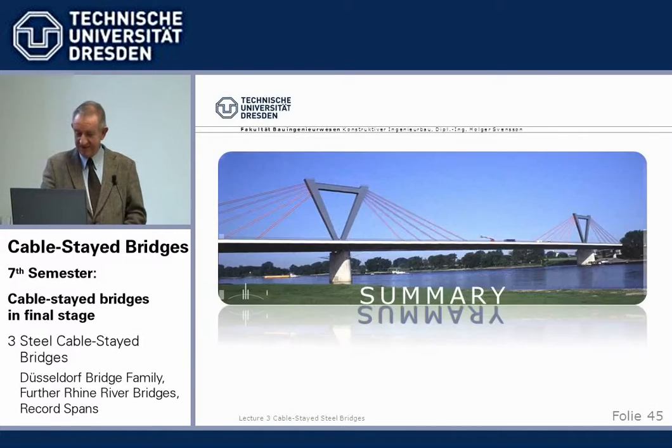Okay, I think that was, in brief, the development of modern steel cable-stayed bridges, starting in the 50s, the main point being the Düsseldorf bridge family, the Rhine River bridges, and then all over the world. And now we are with 1,088 meters, the longest span in the world, the steel cable-stayed bridge. Thank you.